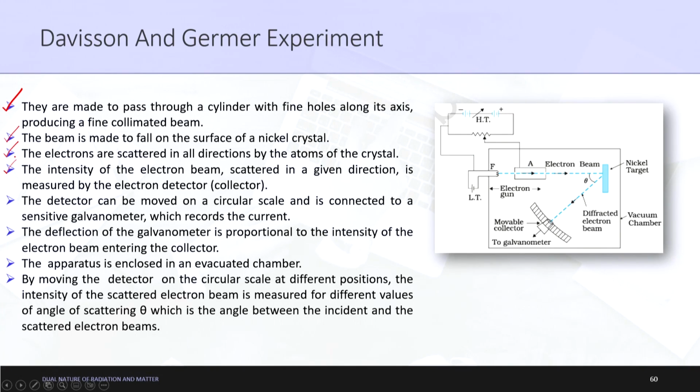Next thing is the detector can be moved on a circular scale and is connected to a sensitive galvanometer which records the current. What it tries to say is that the detector can move on a circular scale. Just try to see clearly, I will try to make it clearer.